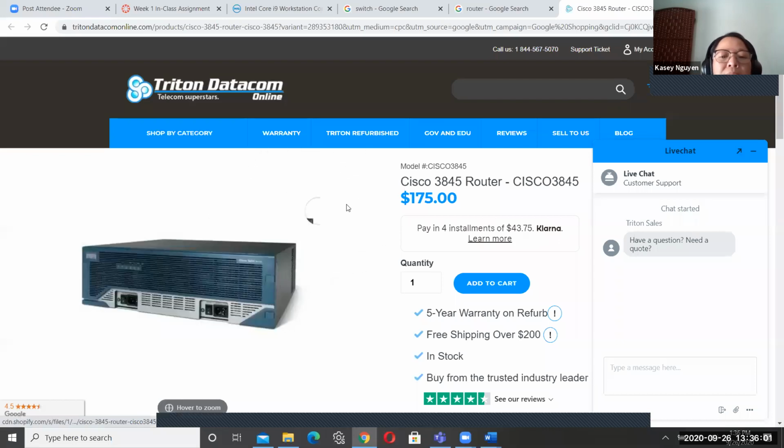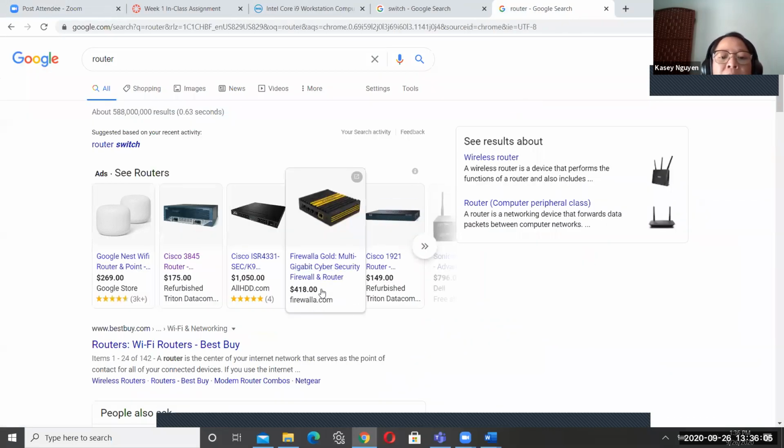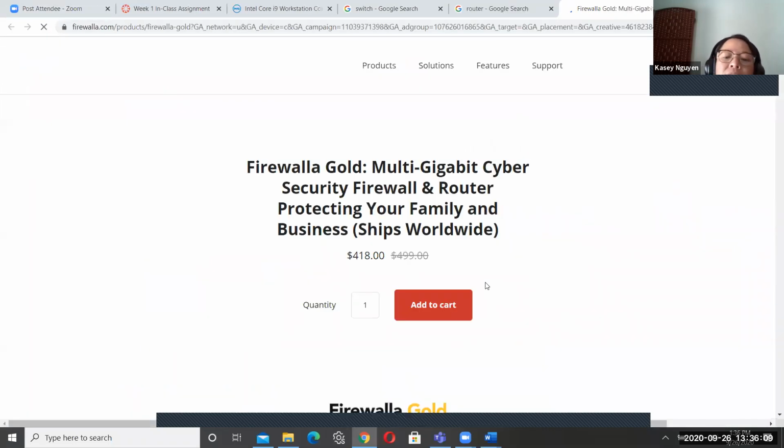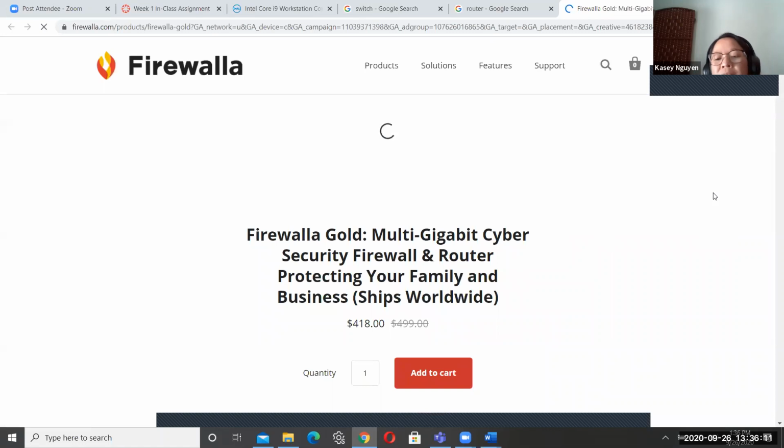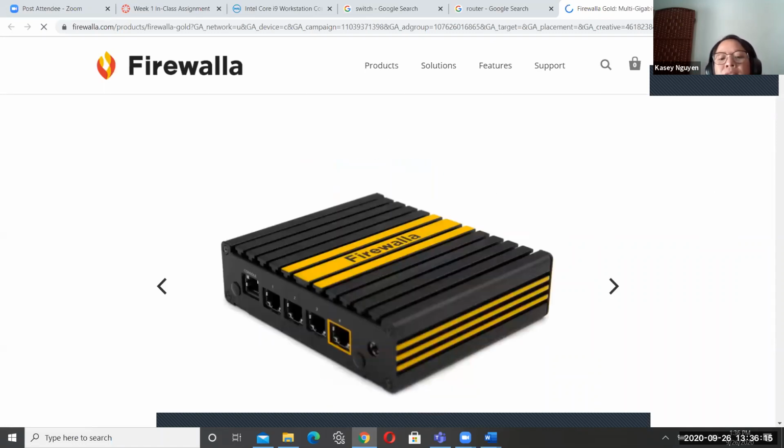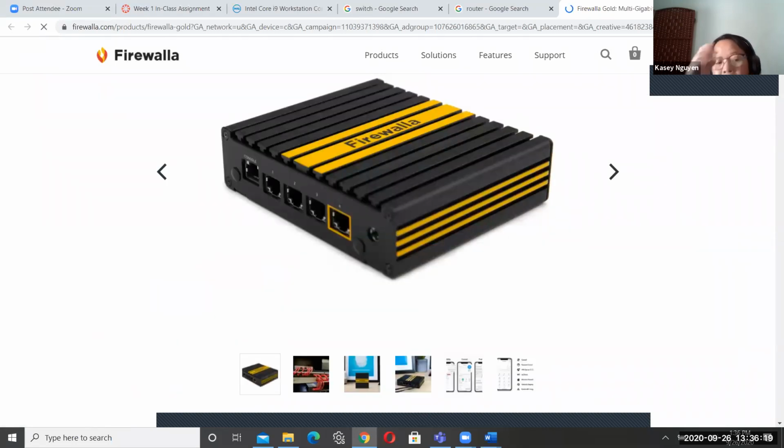Okay, so you can pick something like that. Or if you pick another brand, right, like Firewalla. So this one is a firewall and a router in one. And you do see some of these, okay? Now notice that this one has additional connections, and also the design too.